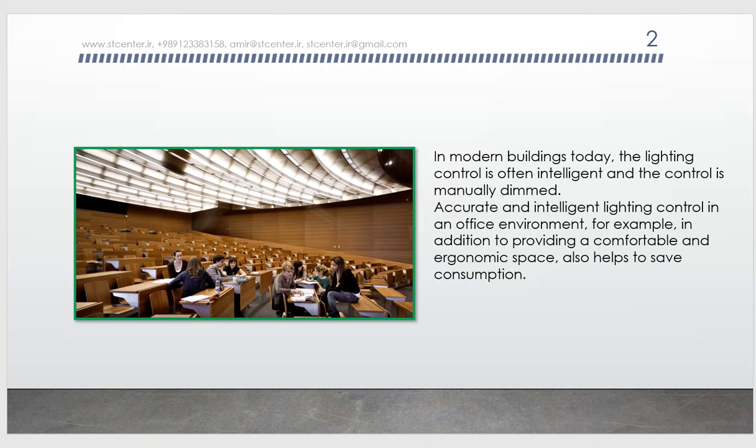This helps the architect save energy, increase comfort, and provide a better ergonomic environment for the people. So we have some reasons behind the design and the selection of the devices we need, based on KNX for example, to control the light.